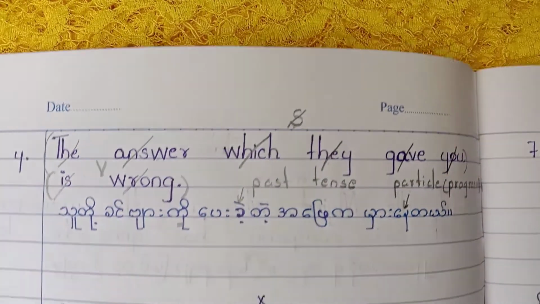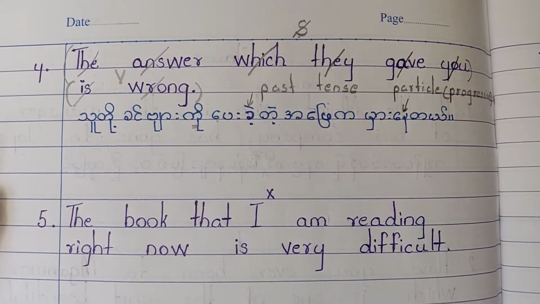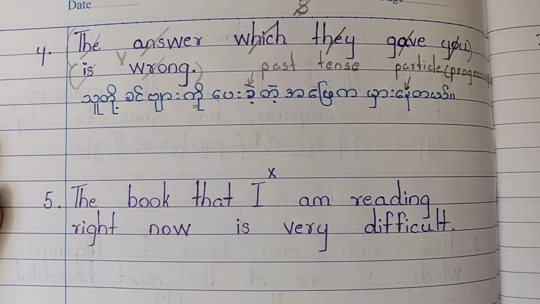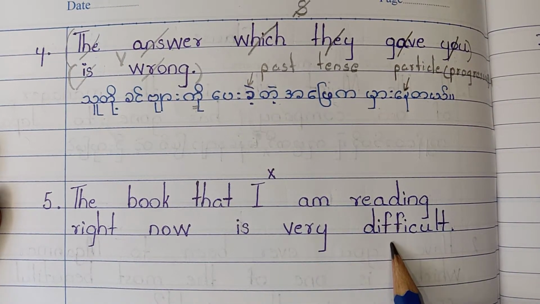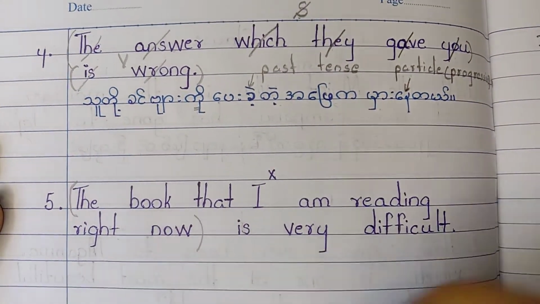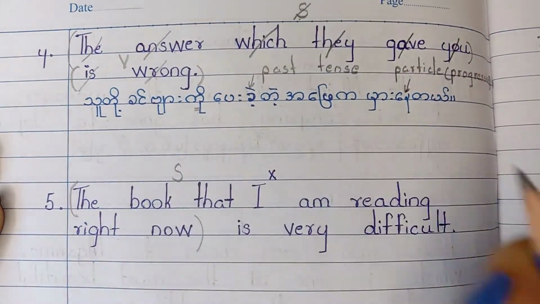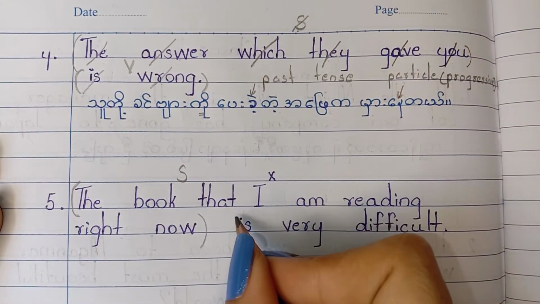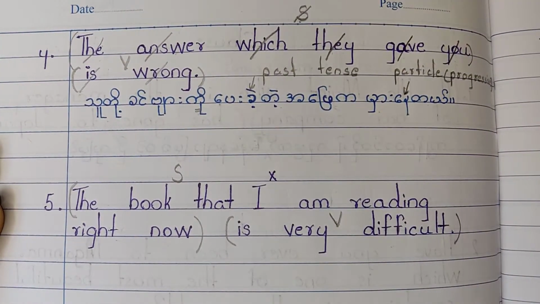Okay, next. The book that I'm reading right now is very difficult. So the book I'm reading right now is the subject. So it's very difficult is the verb.